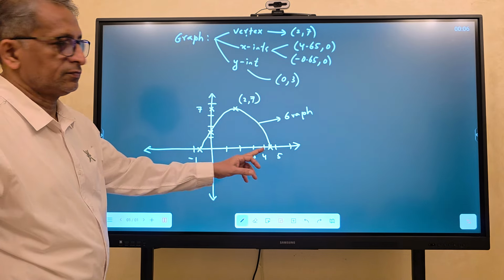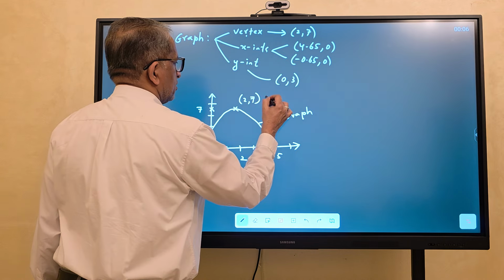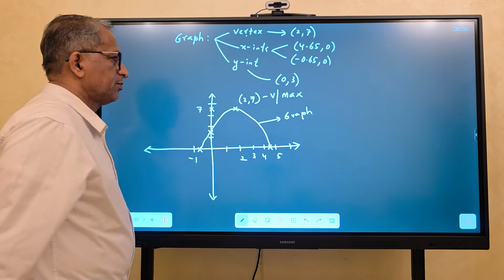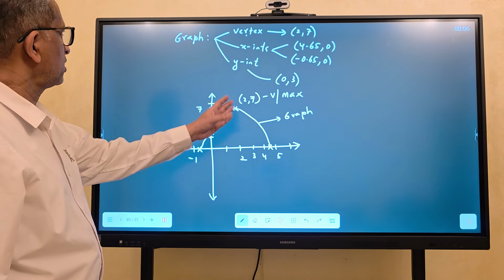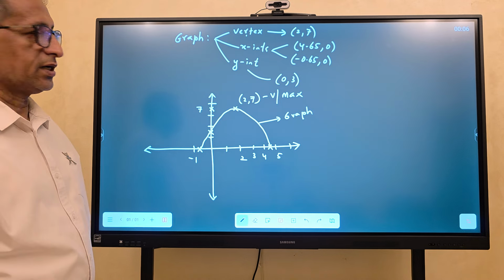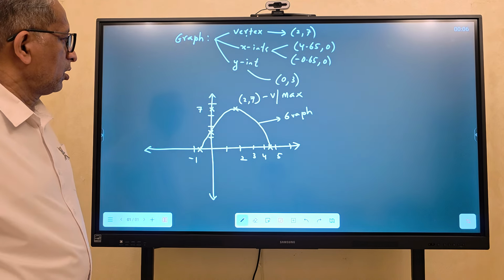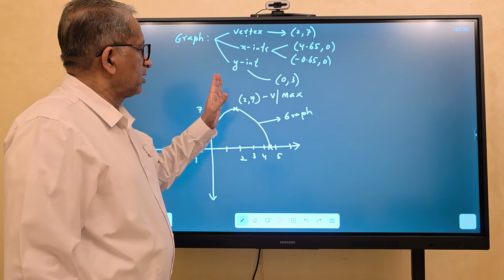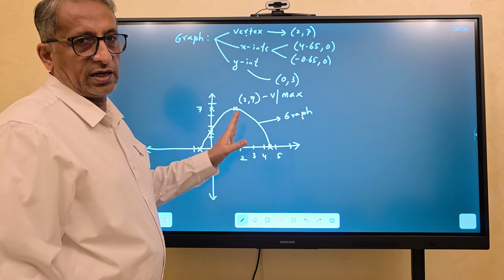This is the vertex, and what else? The maximum point. So this is how we solve the quadratic functions with A positive and A negative.